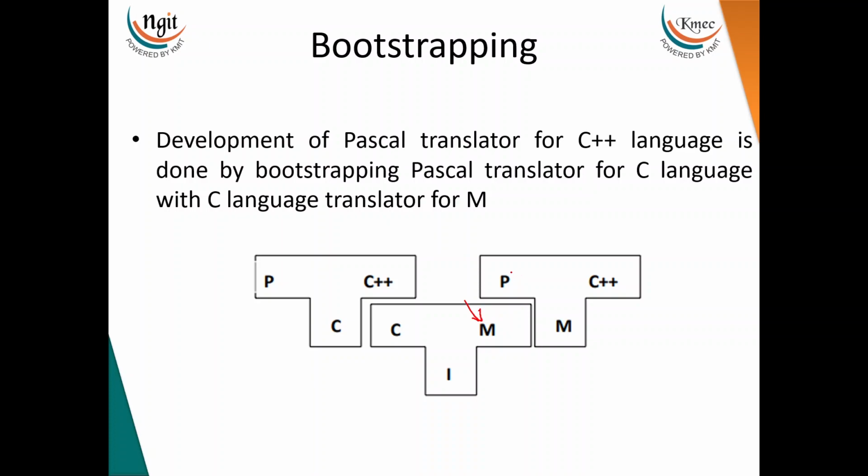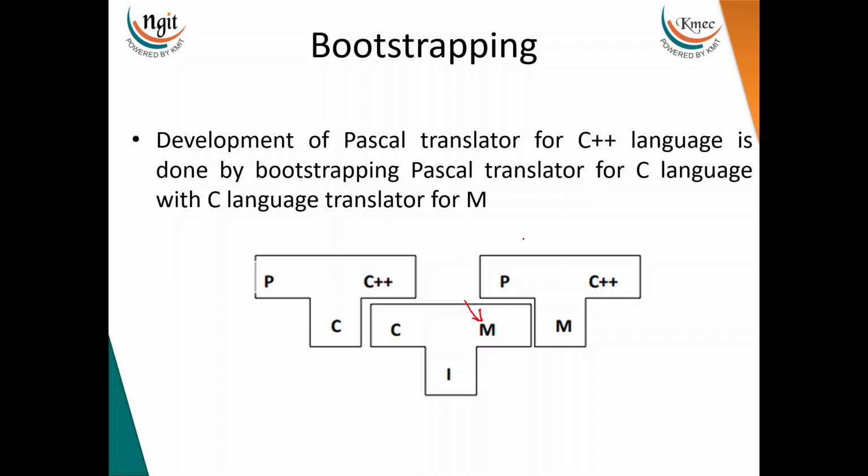Now you can use this Pascal translator for C++ to convert high level language statements into low level. In simple steps, first we write the Pascal translator code in C, then we execute it on machine M, so that the Pascal translator for C++ is generated for this machine.